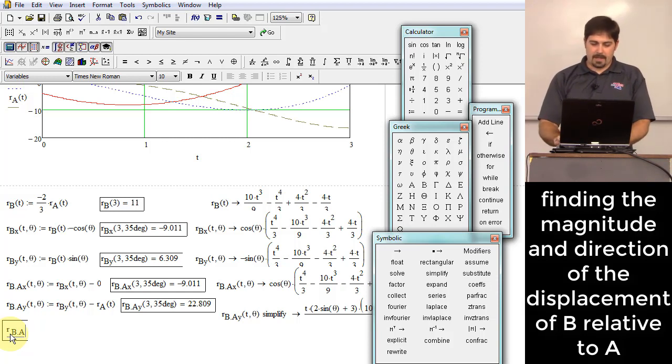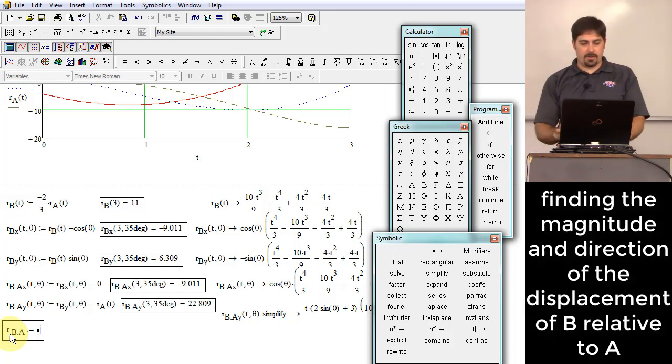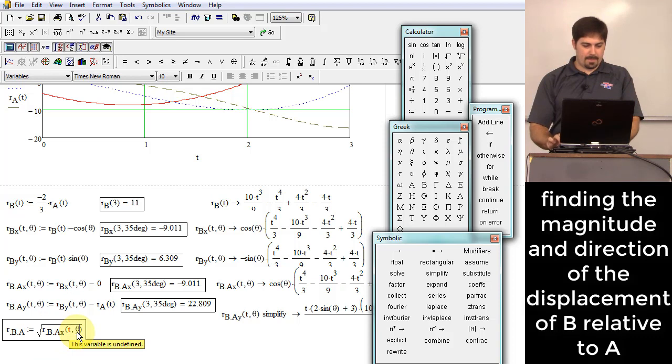Rather than do functions for this, I'll just evaluate it at our test case. You do just a square root of the sum of the squares. So you do a square root of what I have here, squared, but I probably need to change T to 3 and theta to 35 degrees, and square this and add to it.